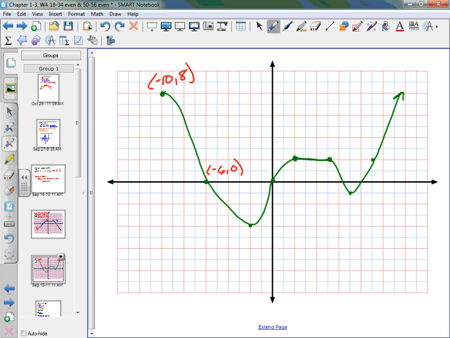This one is negative 2, negative 4. This one's 0, 0. This one is going to be 2, 2. This one is going to be 5, 2. This one is going to be 7, negative 1. And this one right here is going to be 9, 2.